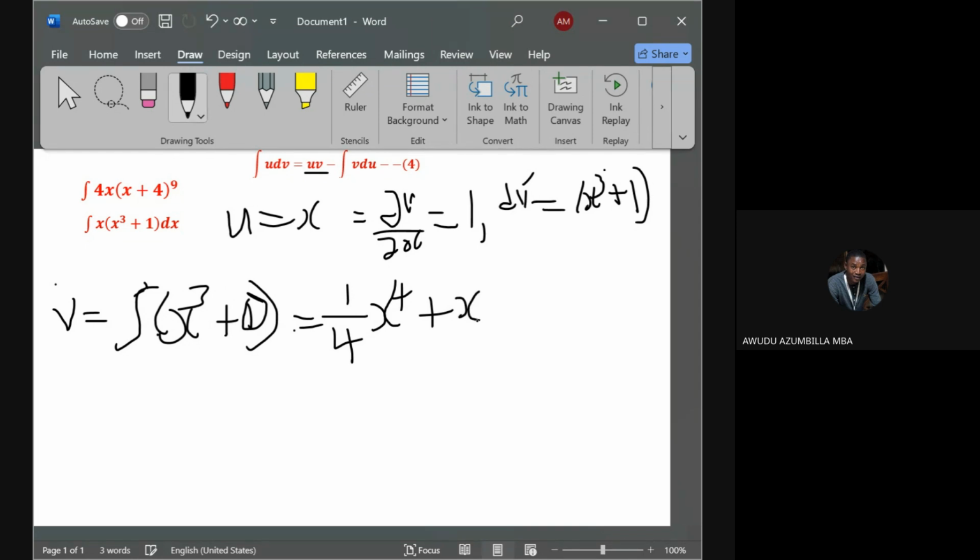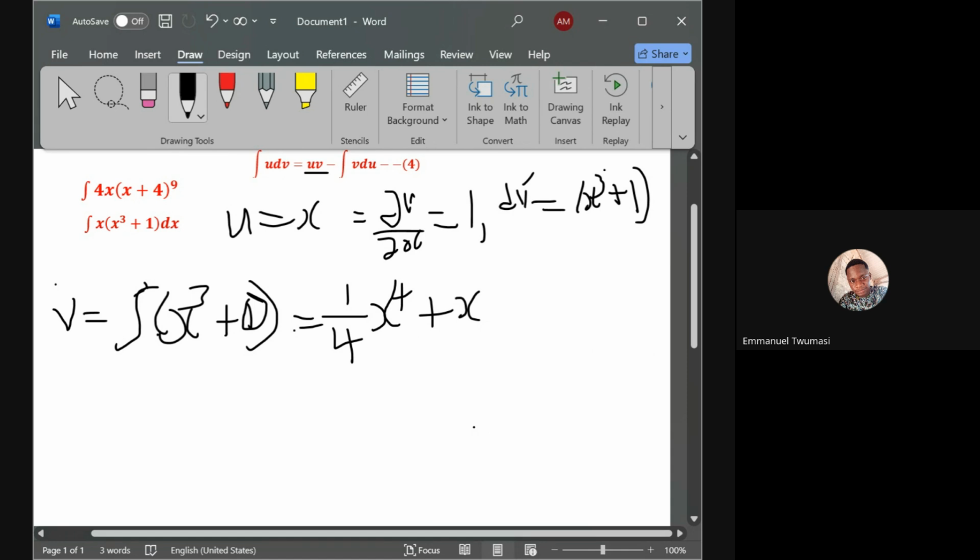So this is how we integrate our dv to get our v. Now that we have integrated dv to get our v, we can now go to the formula and substitute.